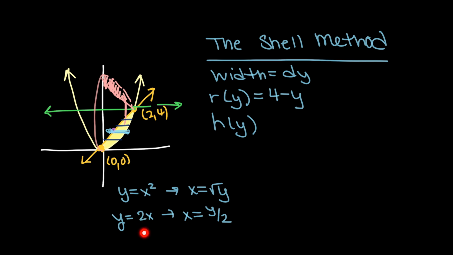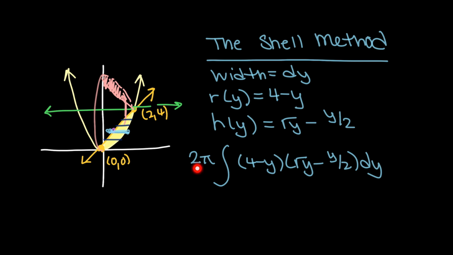The line, y = 2x, becomes x = y over 2. So then the height of my rectangles, or the length of that little blue line segment that I'm highlighting right now, would be the right side, which is x = square root of y, minus the left side, which is x = y over 2. So square root of y minus y over 2.